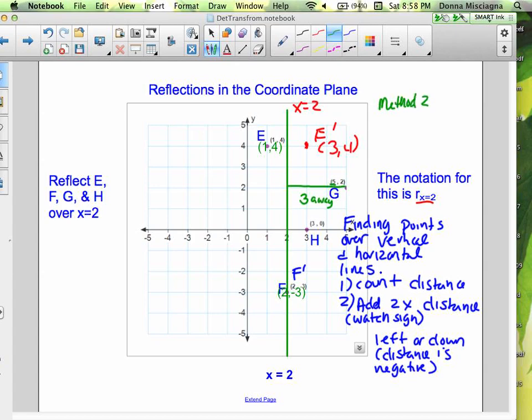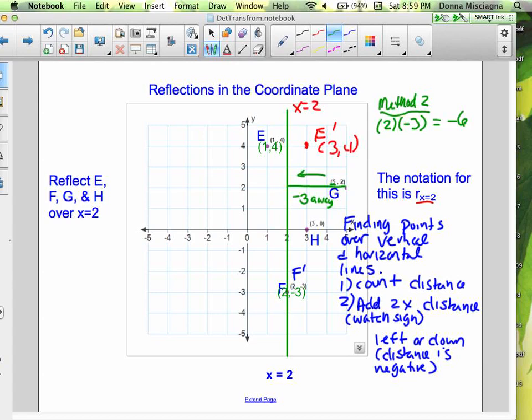And notice that I'm going in from the point to the line of reflection. I'm going in a negative direction, so the image is going to be going in a negative direction. All right, so let's make that negative. So if we take 2 times negative 3, that would give us negative 6. And we're going to add it to the x-coordinate because this is a vertical line.